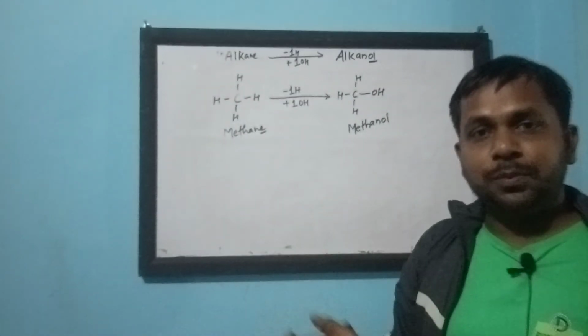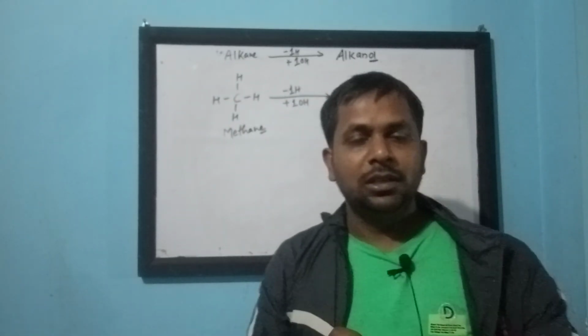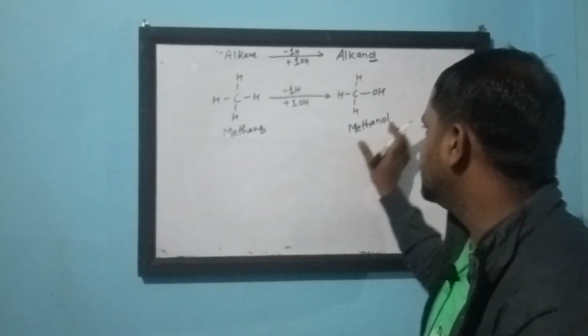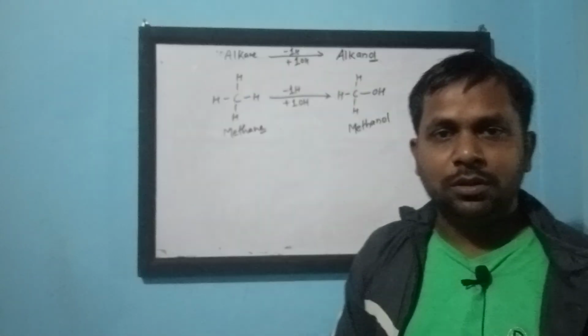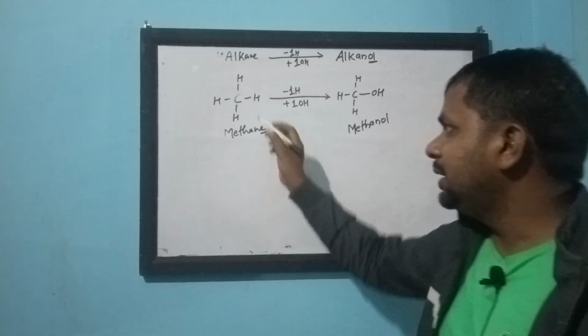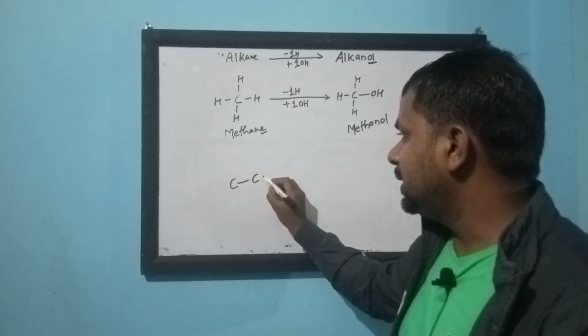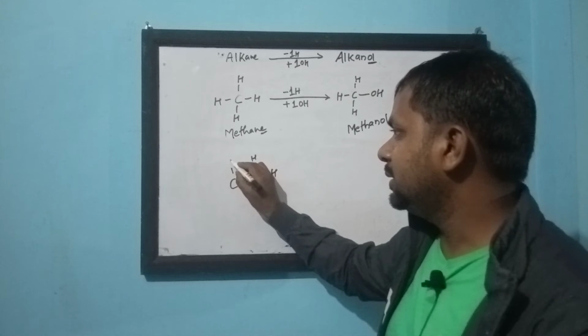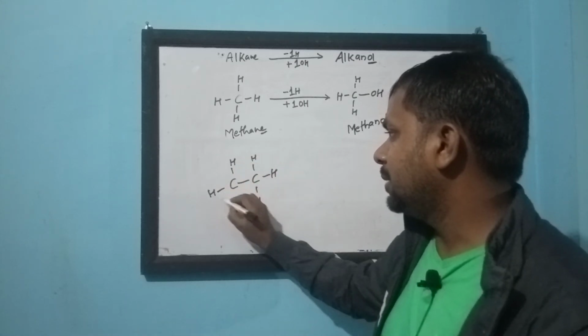Alcohol is a group, and inside it many different types of alcohol are there, and one example is methanol. Similarly, suppose ethane is there, a two carbon alkane.